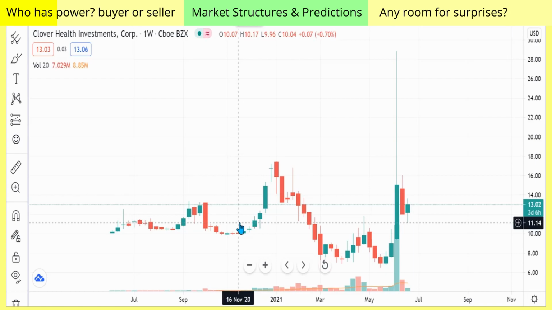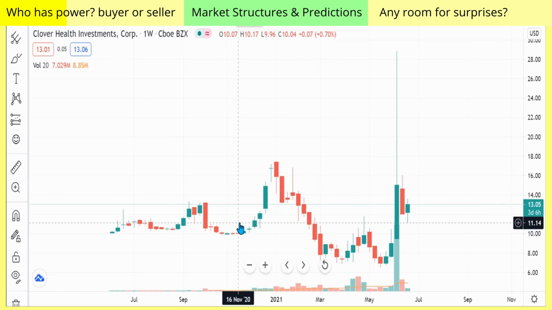That's why the stock tends to be in a sideways pattern, moving both upside and downside. We can break this sideways pattern when either the buyer or the seller wins over the other. If the buyer has more power, it's going to move upward in an uptrend. But on the other hand, if the seller has the power, then the stock is going to move down.